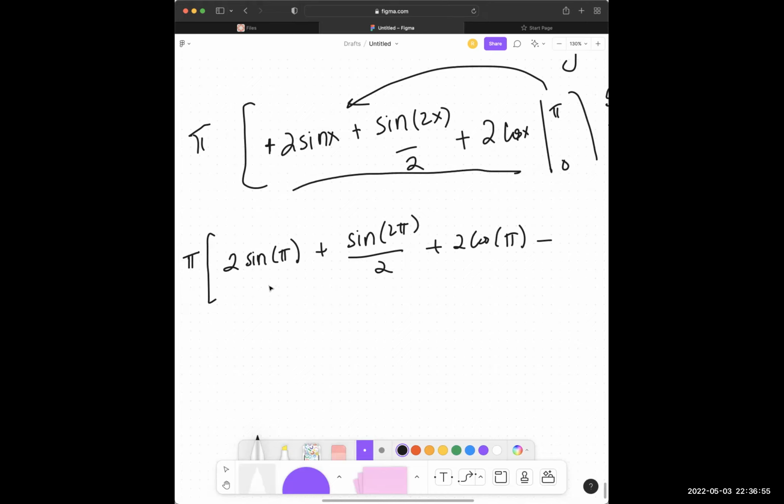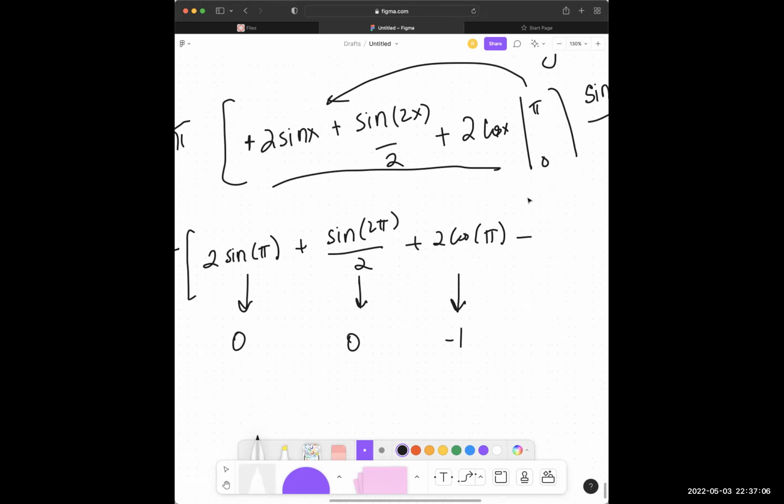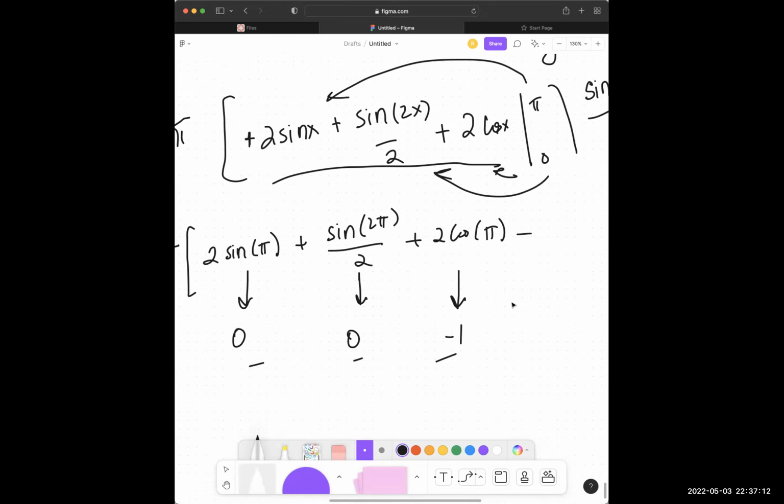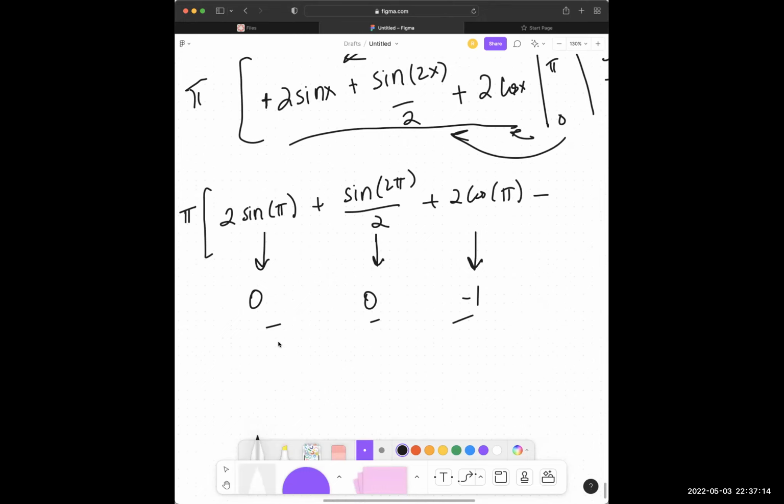Then you'd solve for these individually: sine of pi is 0, sine of 2 pi is 0, cosine of pi is -1. Then you'd plug in all the zeros, and whatever you get by adding all these up, you multiply by pi, and that would be your answer.